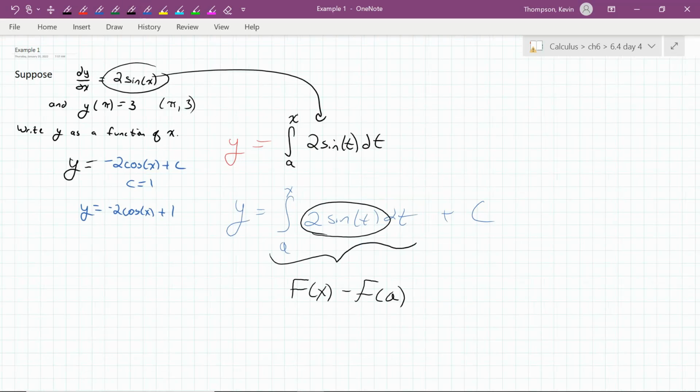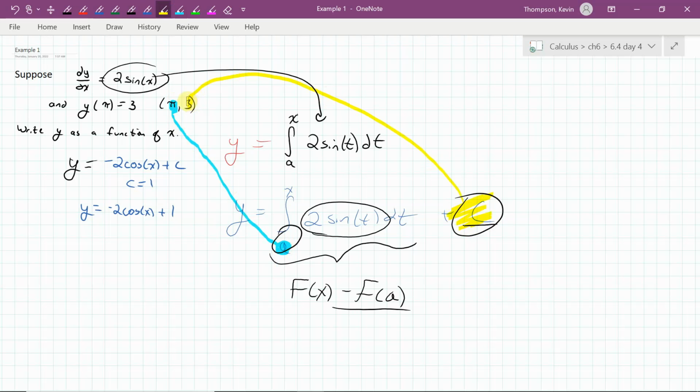So I'm going to write something here, and I want you to talk about why this is going to be the same answer that we just did. Okay? So here's what I'm going to say. Thinking about this and thinking about this constant, these two pieces, if this lower limit is equal to that x value, this constant should be equal to that y value.